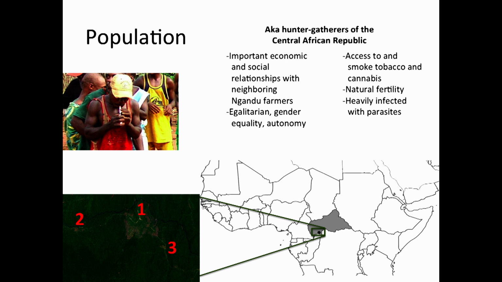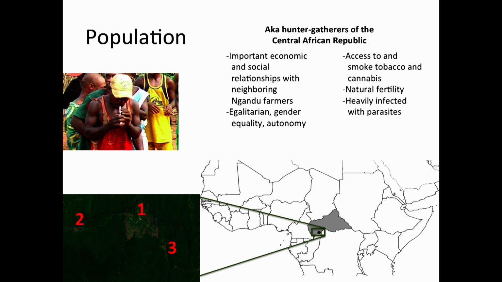Again, so these are Aka foragers. One thing about Aka foragers, in a lot of these Congo Basin foraging populations, is that they have what we might call interdependent relationships with farming populations. In other words, there's not a day that goes by where they don't eat an agricultural food or food produced on the plantation.